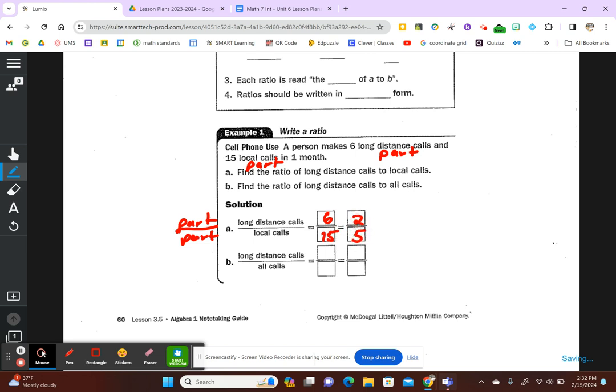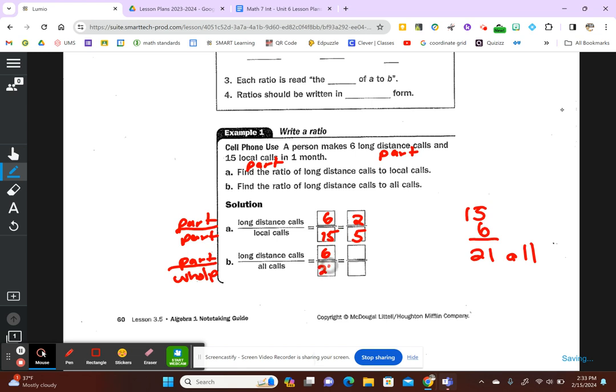Now, the next one is what we call a part to whole ratio, because all calls is the whole. So this would be long distance calls is 6, but if you did 14 plus 6, total calls are 20.